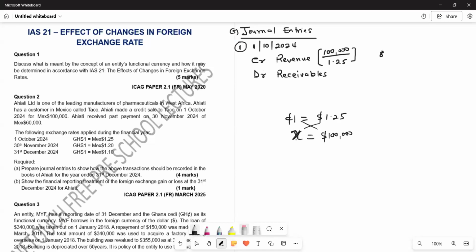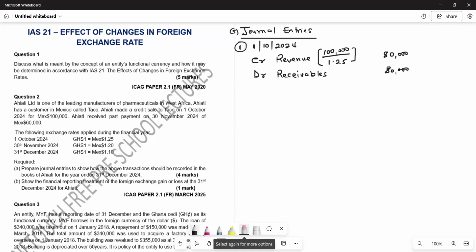Usually we would have given you a trick. The trick is that if you get an answer that is outrageous, it means you are not doing the right thing. You use just a small rate, 1.25, so multiplying by 100,000, the figure will not be outrageous, right?